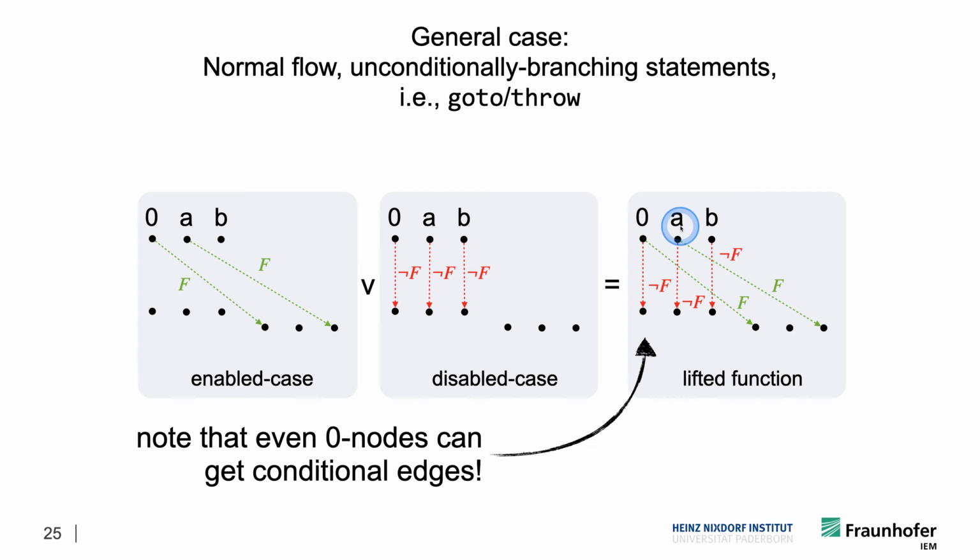So if in a certain configuration you always go to this statement here, then maybe that code is unreachable altogether. Or in the other case, if this is always disabled, then maybe you never jump to this code in the first place, right? And so basically this condition on the zero edge here, it tells you under which circumstances, in which configurations, this statement that this zero node relates to is actually reachable at all. The same here.